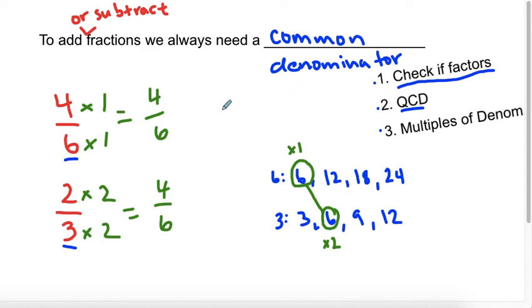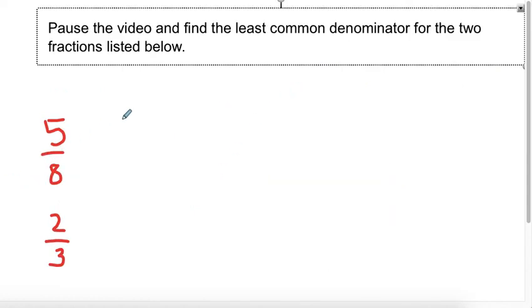All right. Now I want you to practice one. Pause the video here and find the least common denominator for the two fractions listed below. Hopefully you had your common denominator found, and whichever strategy you used is fine. I'm just going to show the quick common denominator, which is multiplying the two denominators by each other.